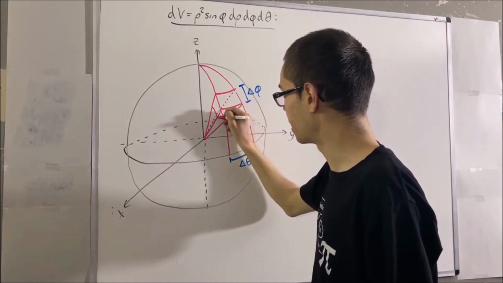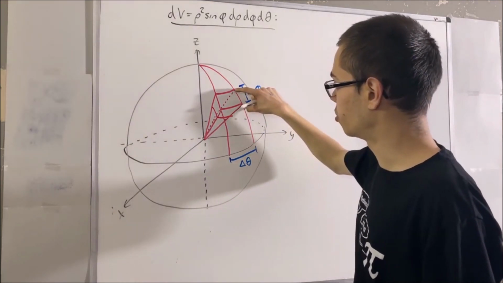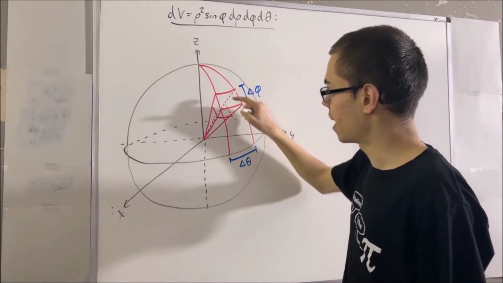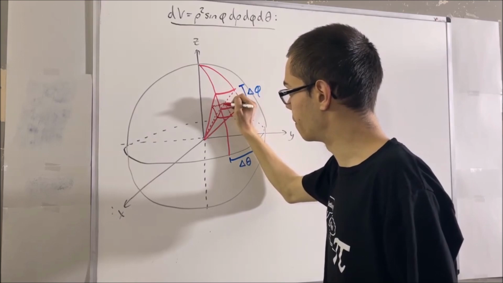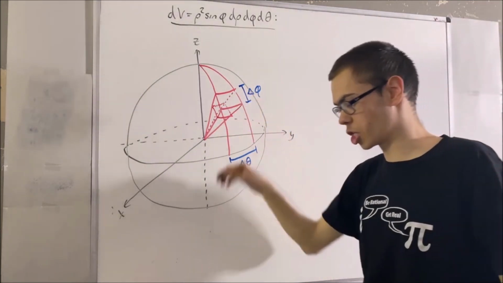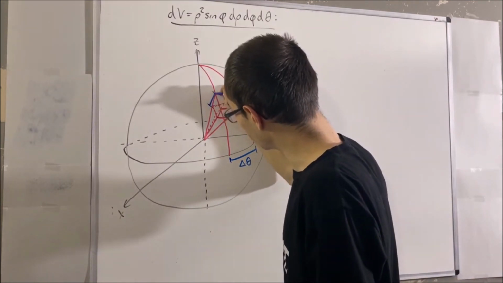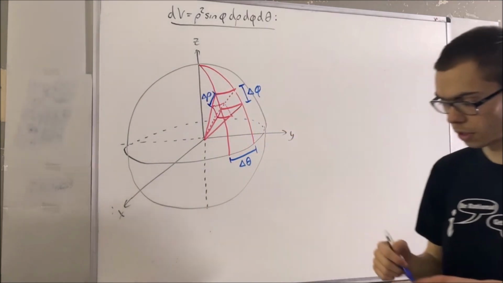So it's going to connect with that projection like that. And it's going to connect with the projection of this line of longitude like that. And it's going to connect with the projection of this line of latitude like that. Notice how we formed some cube-like structure right here. Well, in terms of spherical coordinates, this distance represents delta rho.